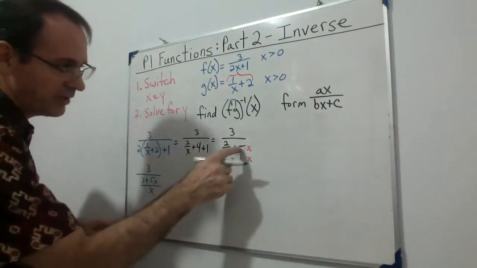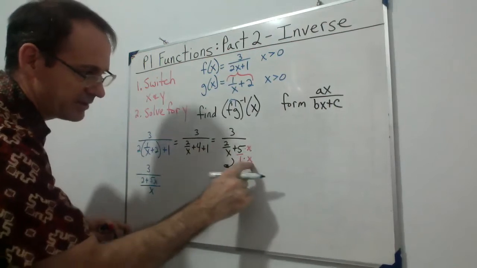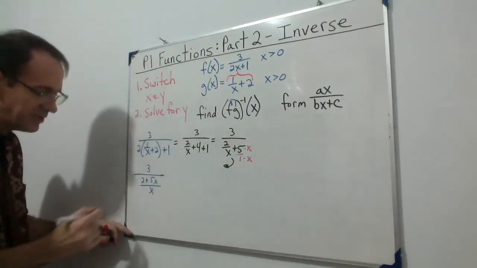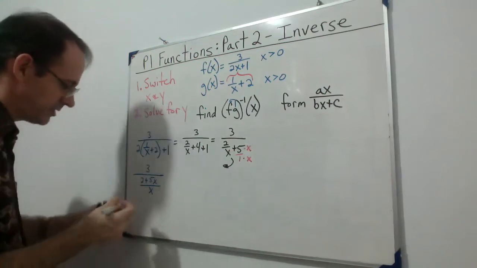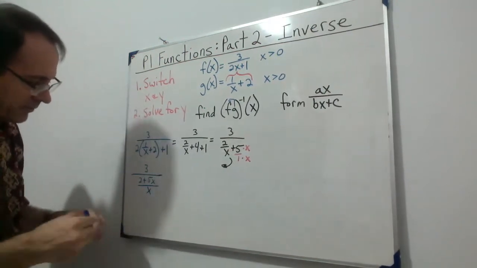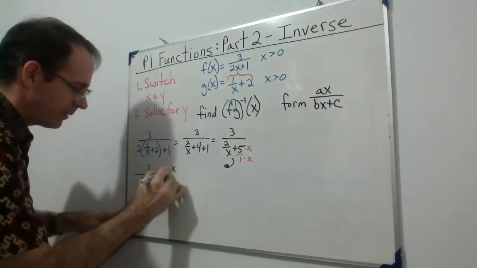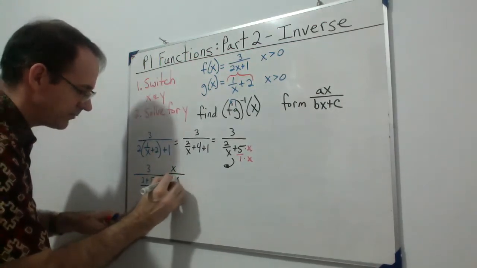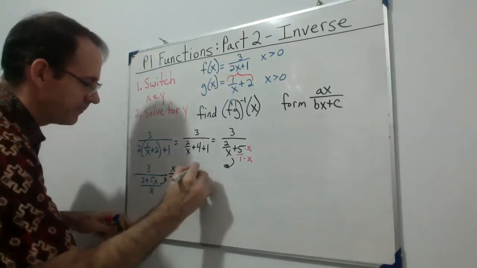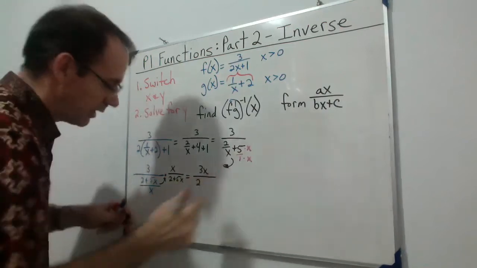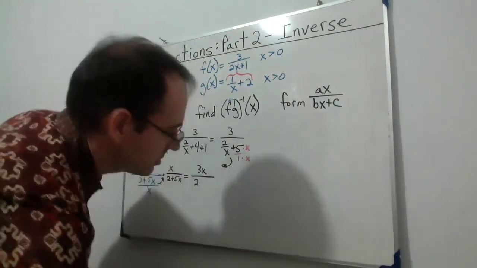So here's the 2 plus 5x all over a common denominator of x. Again, pay attention to your major division bar, which separates numerator from denominator. So you invert and multiply. You multiply by x over 2 plus 5x, and you get 3x over, actually it wanted it with the x term first.